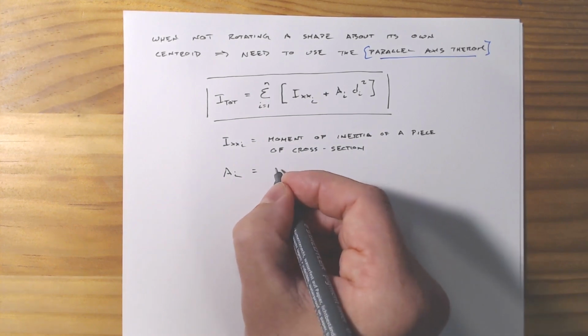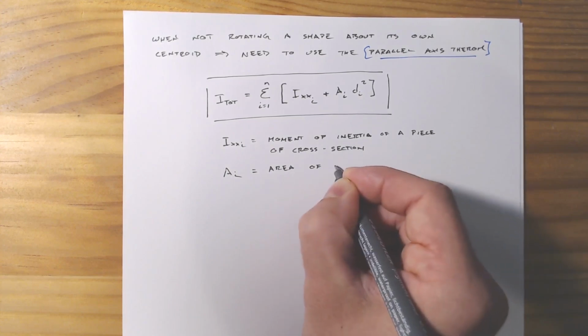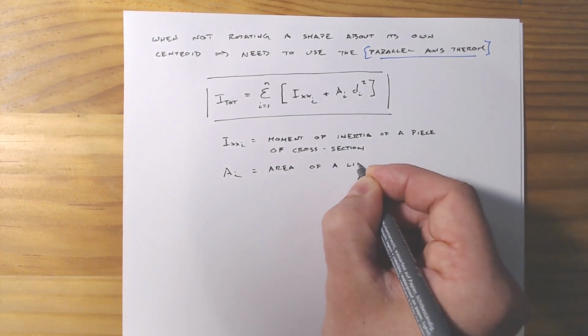A_i is the area of a little piece of cross-section.